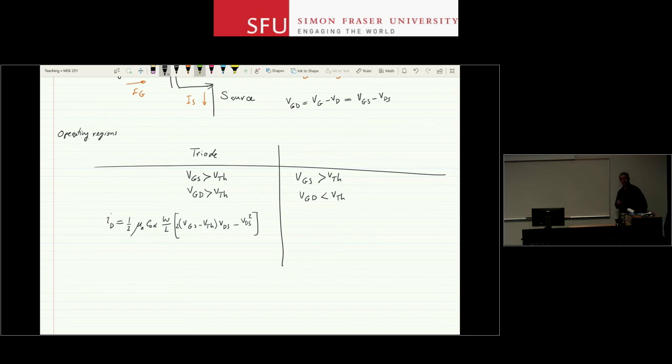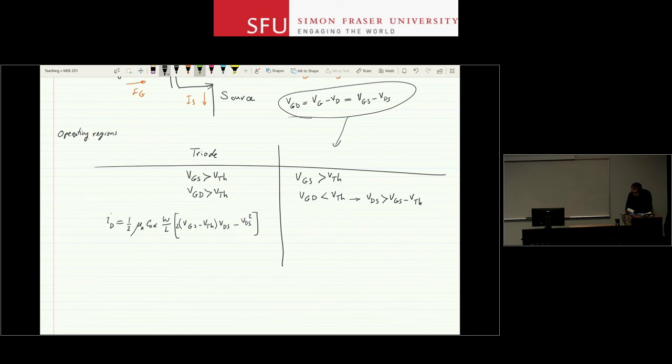Okay, so VG minus VD minus VS. Okay, so I add and subtract the VS to that, and this becomes the same as saying VDS. Okay, if I put this in here, VDS is larger than VGS minus VTH.